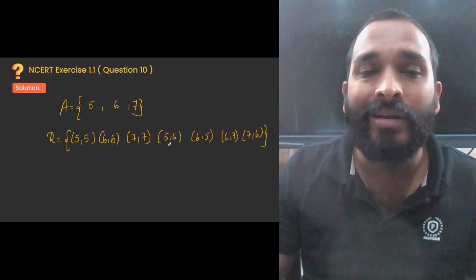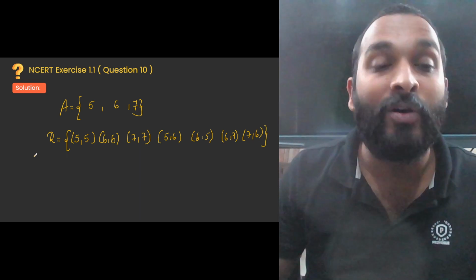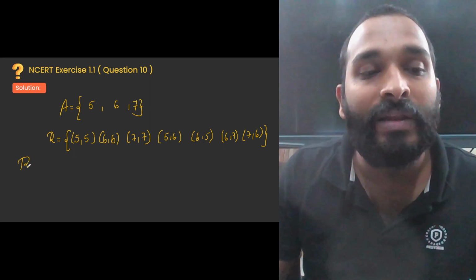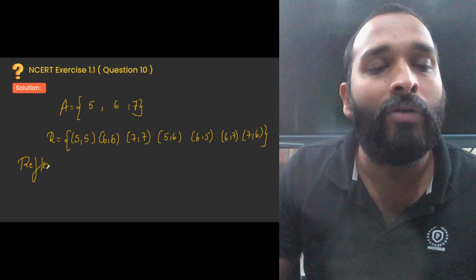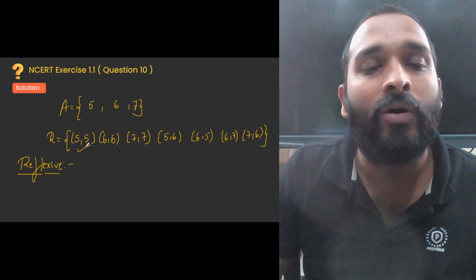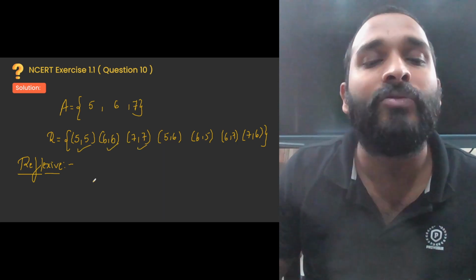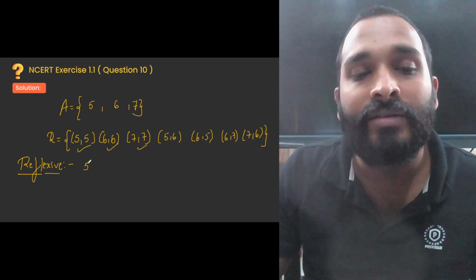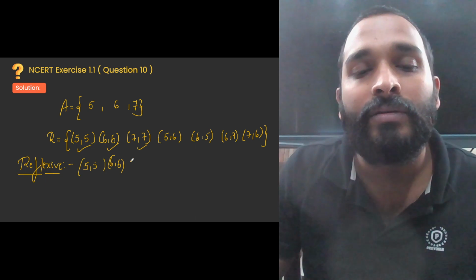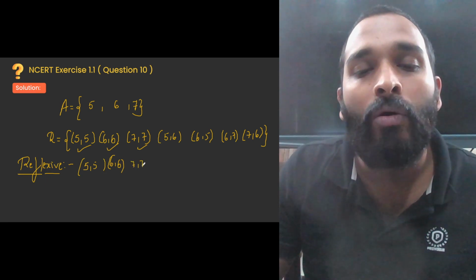I am not relating the three elements at all here, because I want to give an example where it is not transitive. So is it reflexive? Yes sir, it is reflexive, because all that we needed is present, right children? It is reflexive because we have (5, 5), (6, 6), (7, 7), which all belong to R.